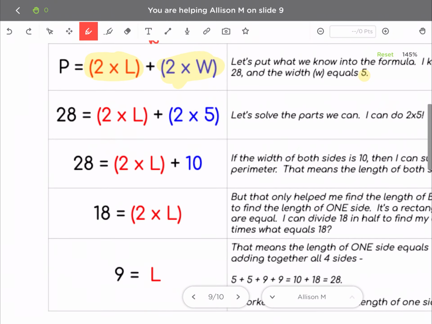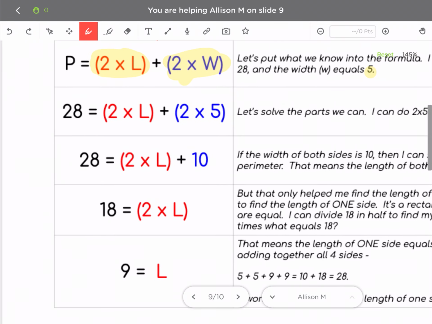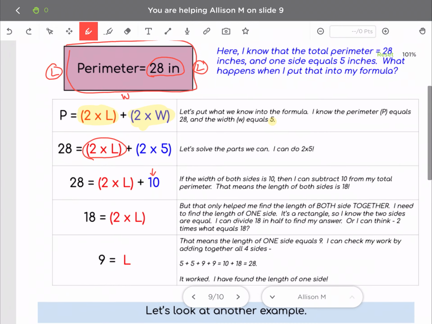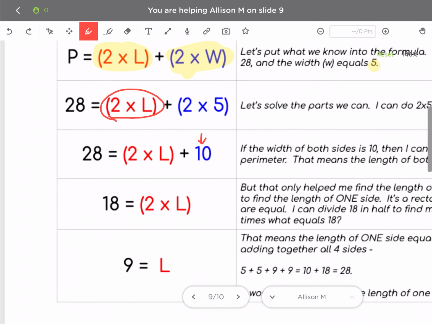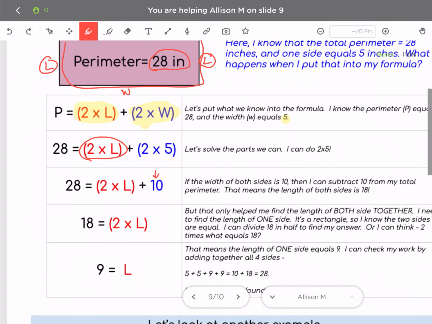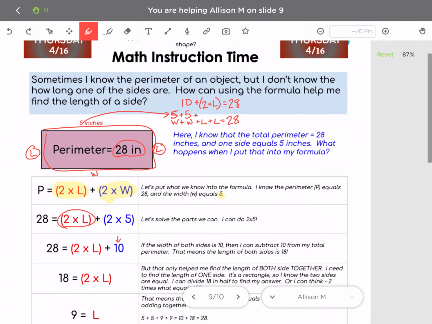So right here, you can see that they're doing it step by step as well. We have the 2 times L, that's what we don't know. But the 2 times 5, we already discovered that was 10. So that means it's a little confusing how they do it. Or not confusing, but they don't really show how they get to the 18.